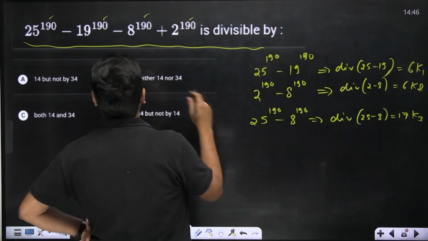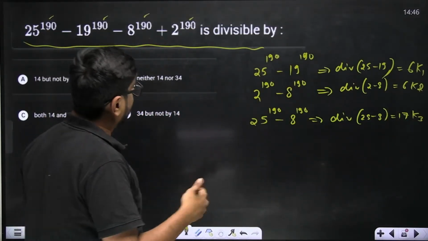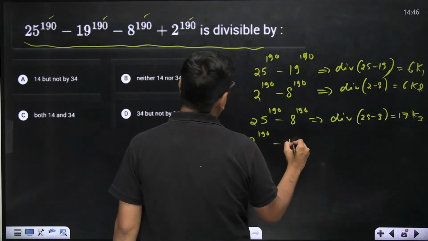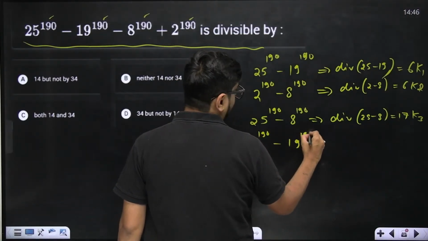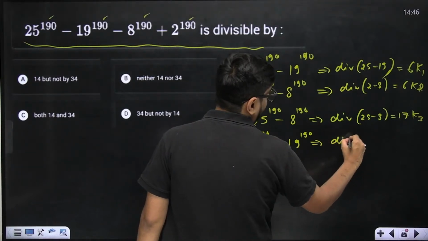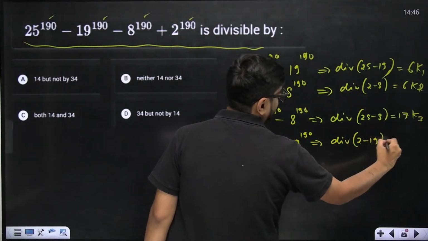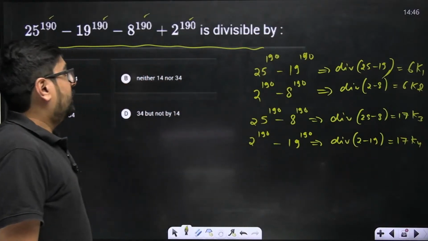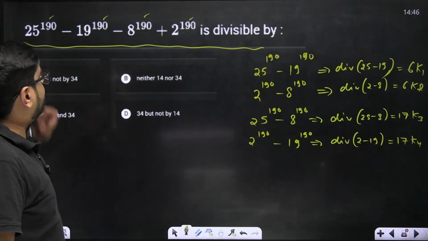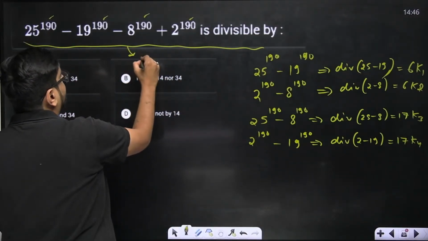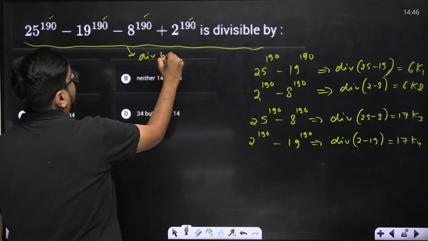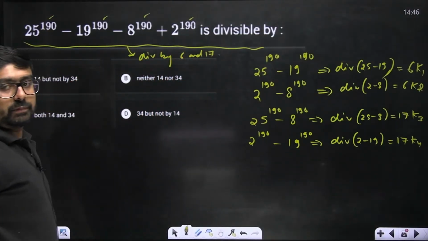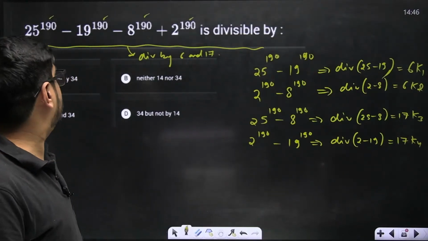Now the other pair is 2 and 19. This is also making 17. 2 to the power 190 minus 19 to the power 190. This is also divisible by 2 minus 19, that means some 17k. This means that this expression is divisible by 6 and 17. Okay, 6 and 17, this is divisible by.